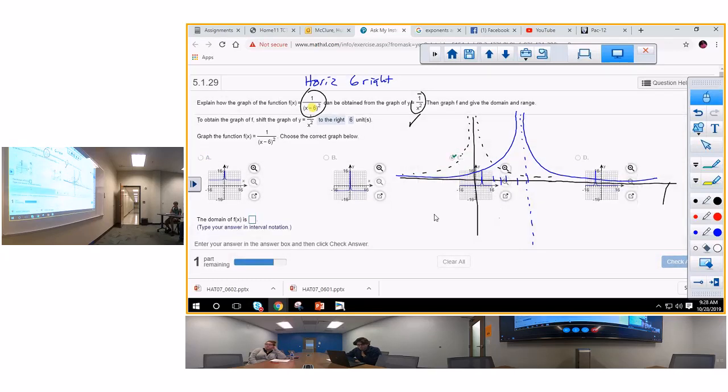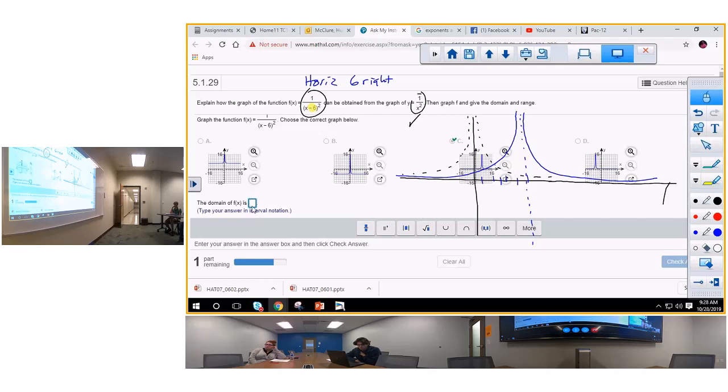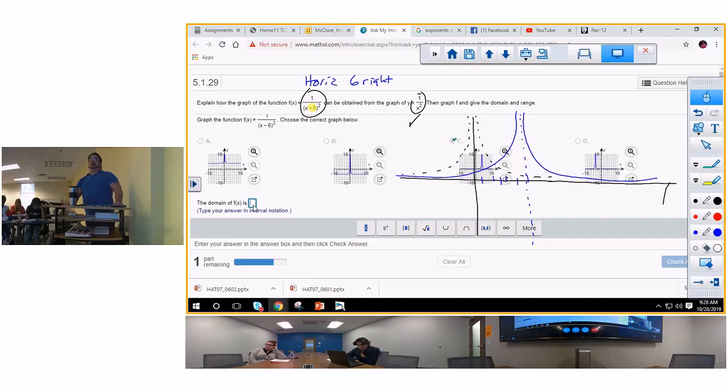The domain is everything except x cannot equal what? 6. So we would write negative infinity, I'm going to write it like it should be written. Negative infinity, comma, 6, parentheses, and then a union, because intersection means that there's overlap.